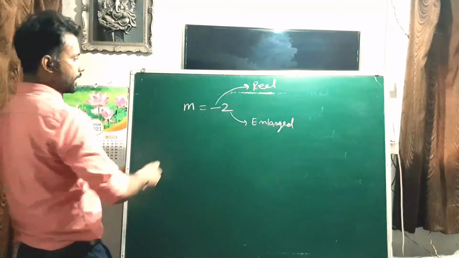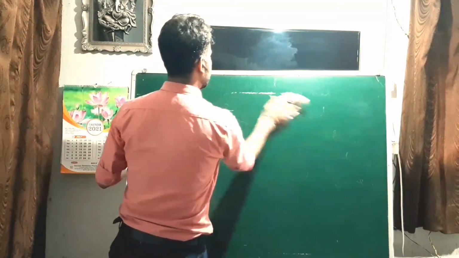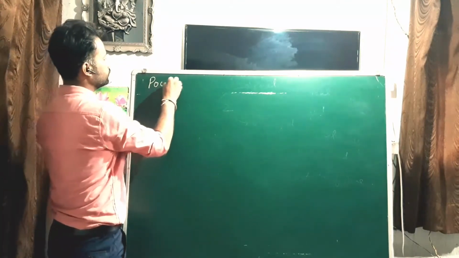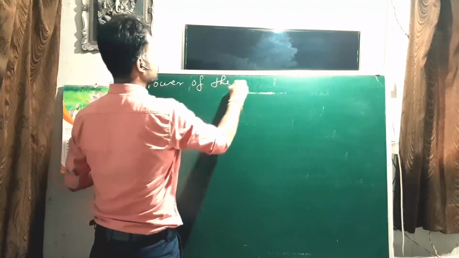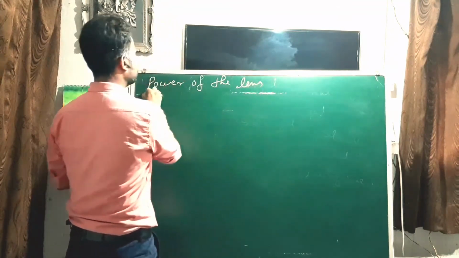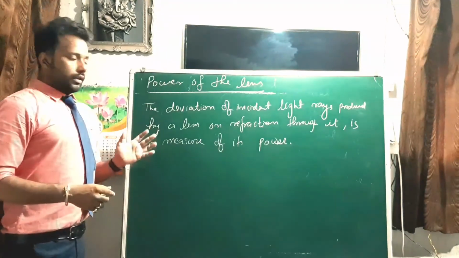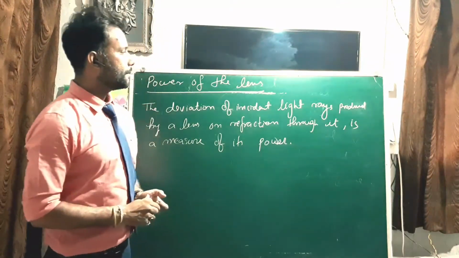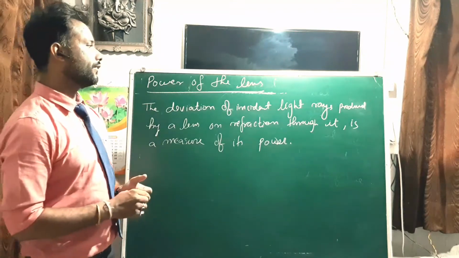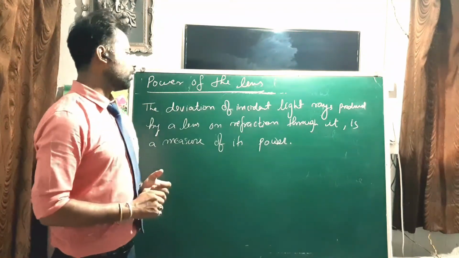This is your magnification. Next topic is power of the lens. The deviation of incident light rays produced by a lens on refraction through it is a measure of its power.